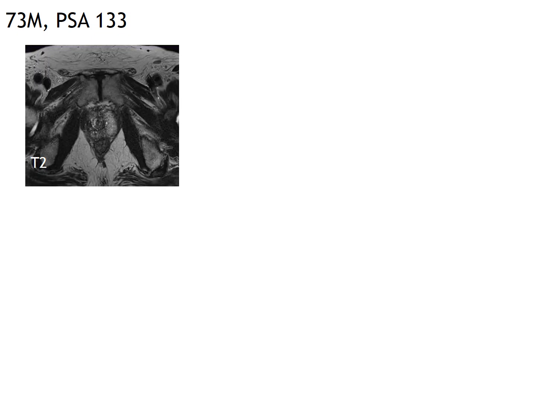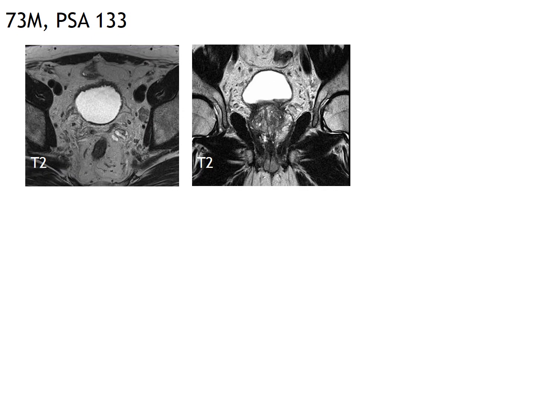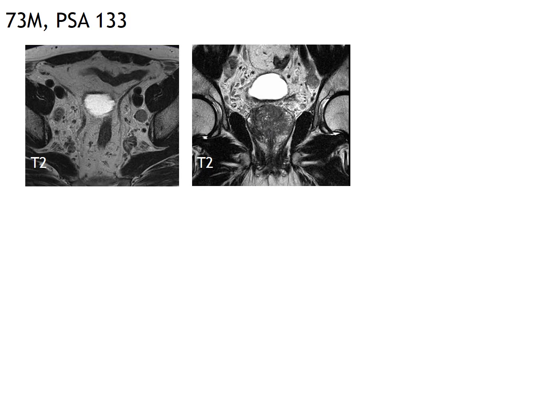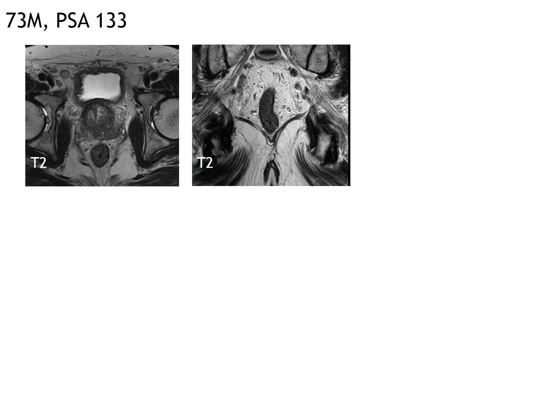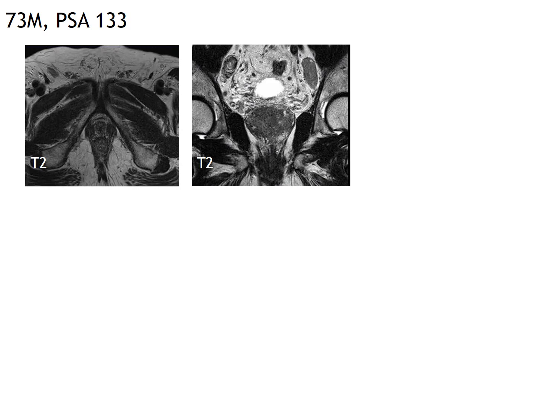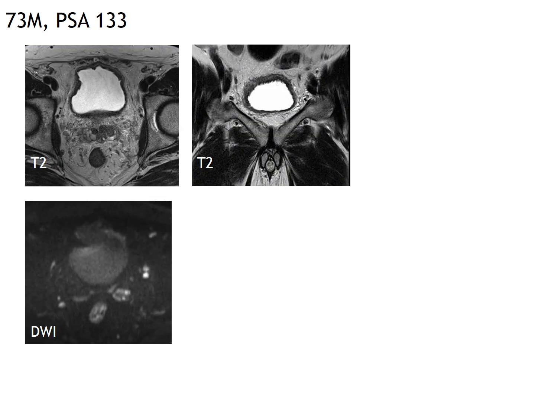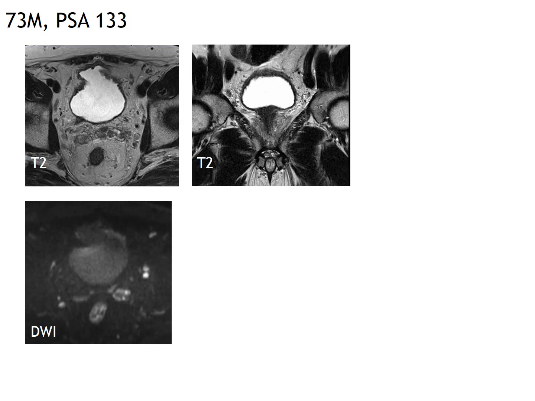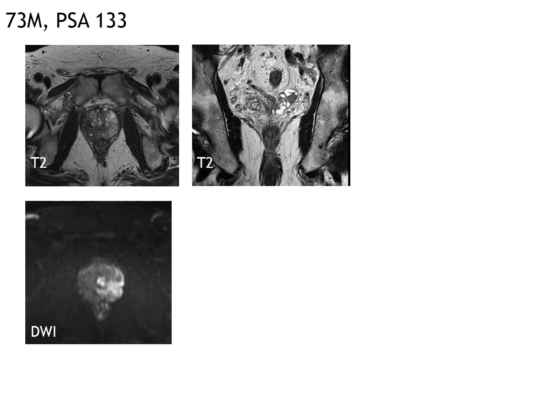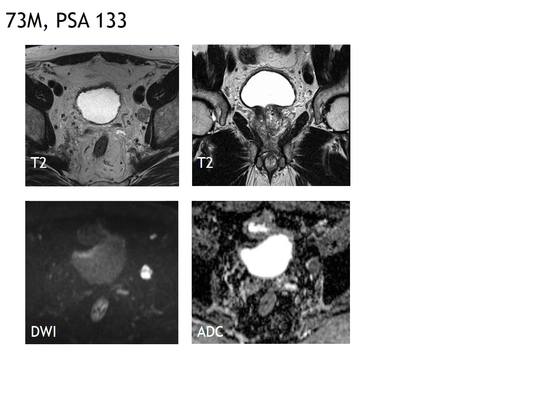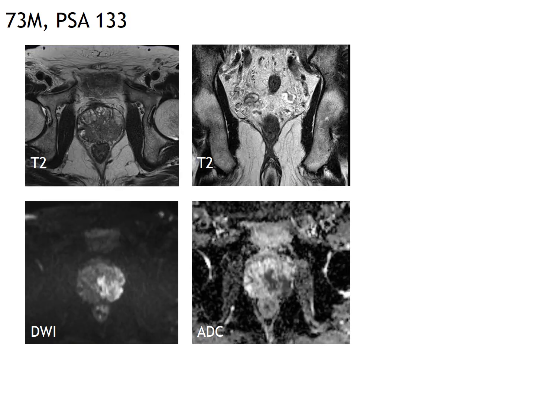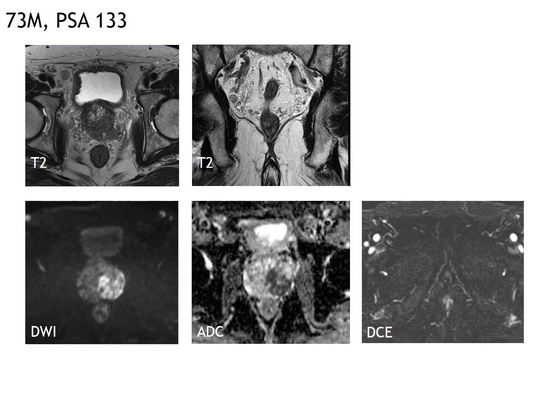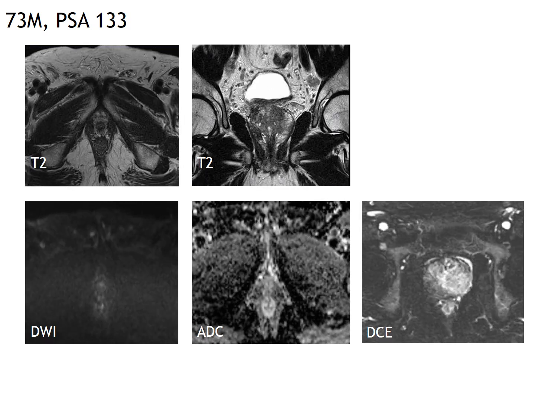These are T2 weighted images in coronal plane, and you can see low-intensity lesions in the prostate and left seminal vesicle and lymph nodes. Diffusion weighted images show high intensity of the lesion in the prostate, seminal vesicle, and lymph nodes. ADC map shows low intensity of the lesions. And dynamic contrast enhanced images show early enhancement of the lesions.